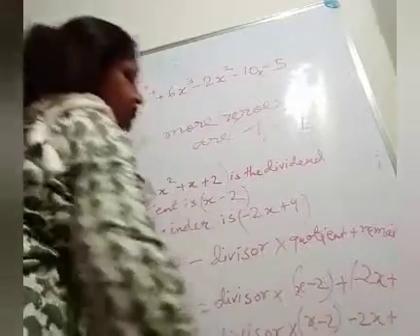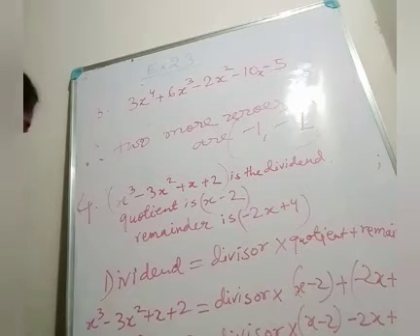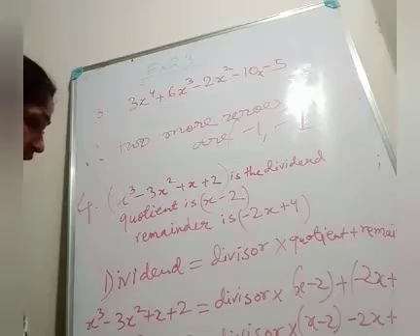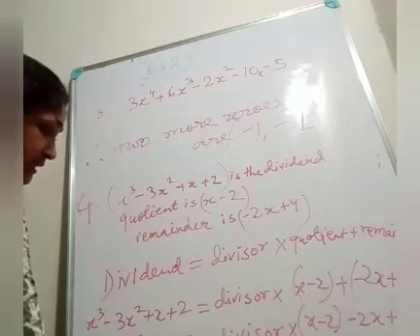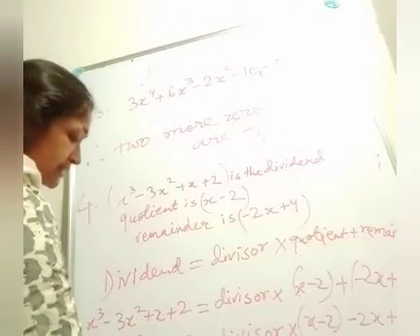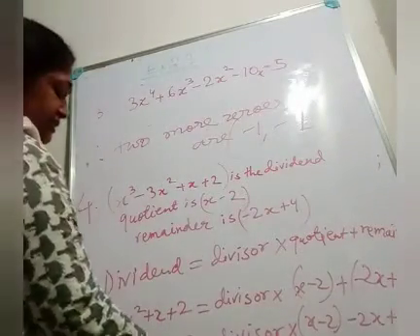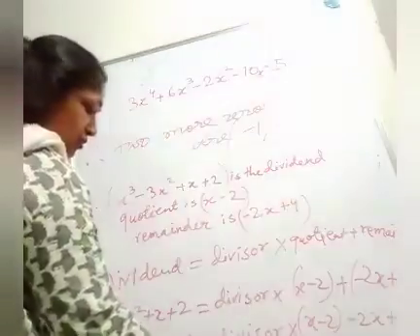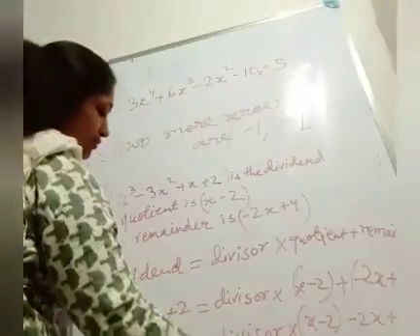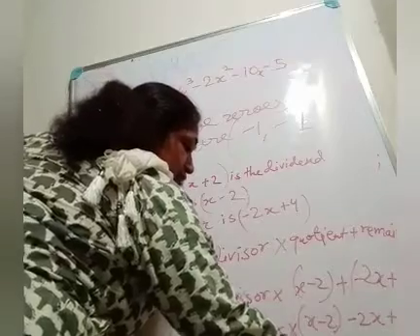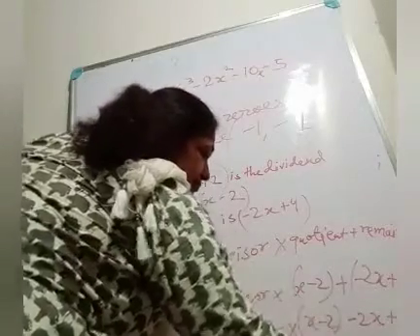Now bring this minus 2x and plus 4 to the left hand side, their sign will change: x cube minus 3x square plus x plus 2x, minus 2x when it comes to the left hand side changes its sign, and plus 2 minus 4 equal to divisor into x minus 2.